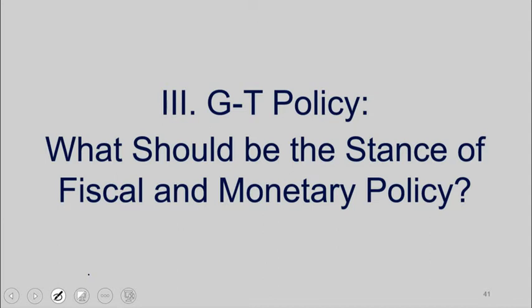The final thing, of course, is all these are then inputs into what should be the stance of fiscal policy and monetary policy. So, just to give an example, supposing you've done this exercise, supposing all of you have done this exercise, and you say the economy's potential is going to be, let's say, 8%.